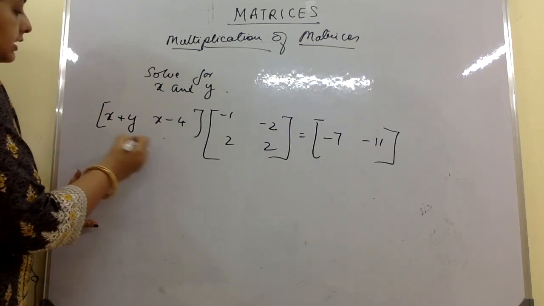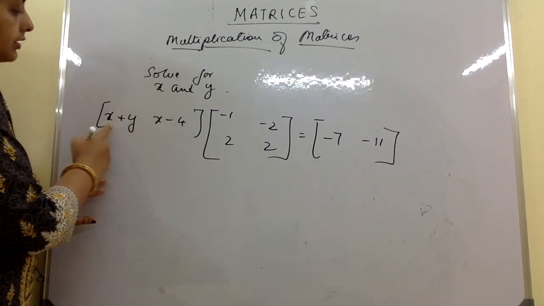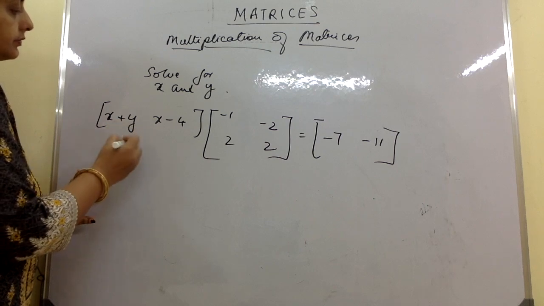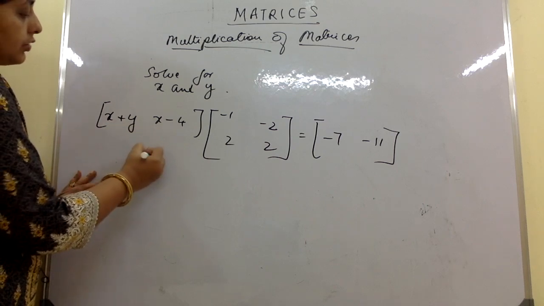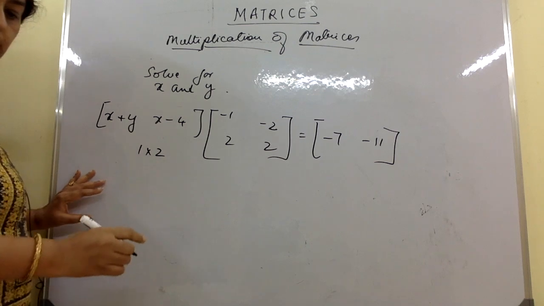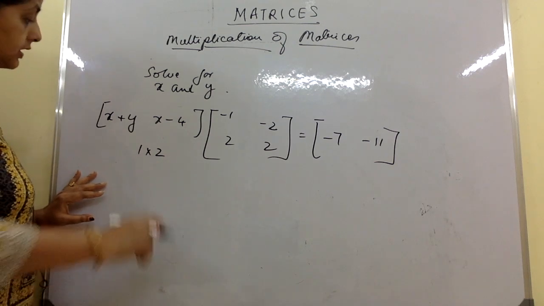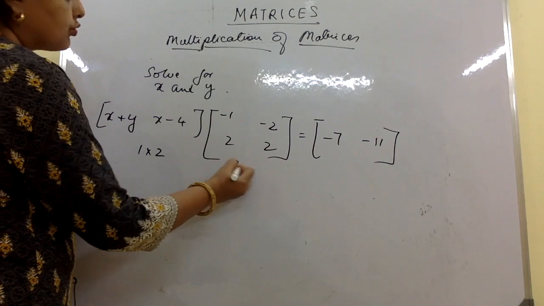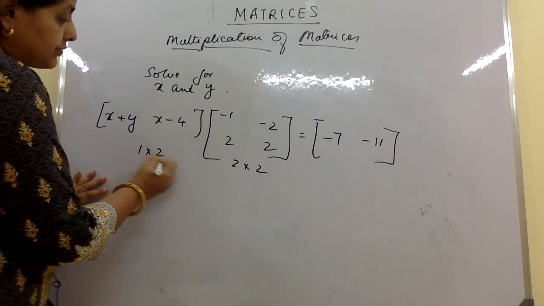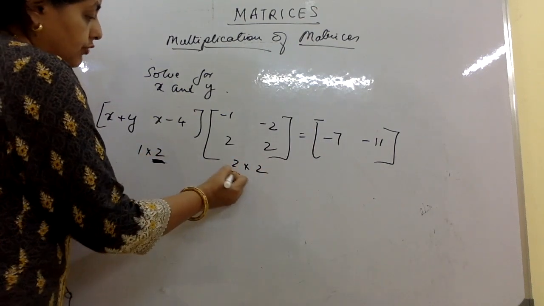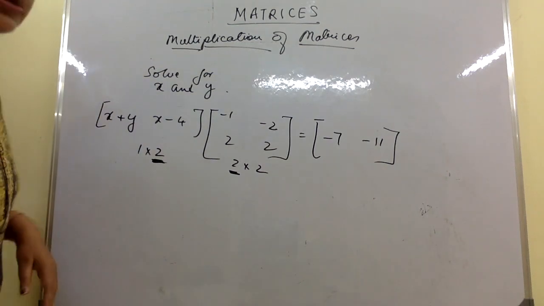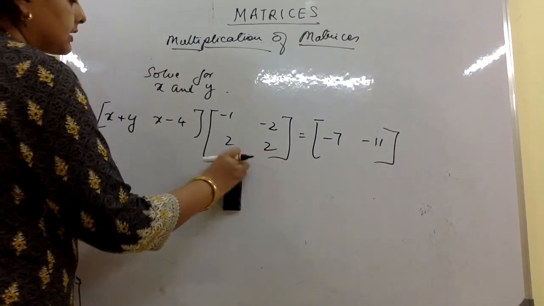What is the order here? This is 1 into 2. When we write the order, we first write the rows, then the columns, and this is 2 by 2. So number of columns has to be equal to this, only then we can multiply. So sure, we can multiply in this sum.